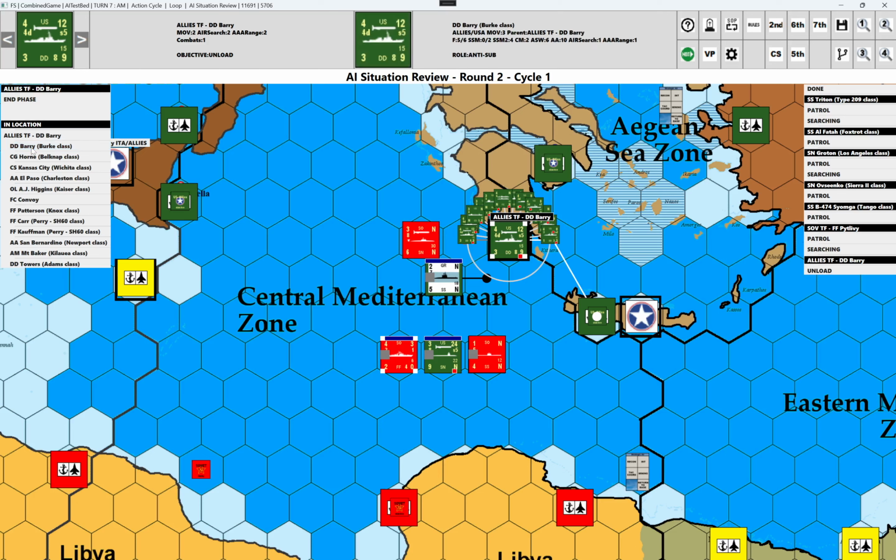Who else has got the Barry, the Horn, the Towers, perhaps? Nope. So I'm not sure who attacked. Was someone attacked with 20 points? I'm not sure who it was. Yeah, because the Americans have 12 points, and the AI won't use intensive fire and stuff like that.